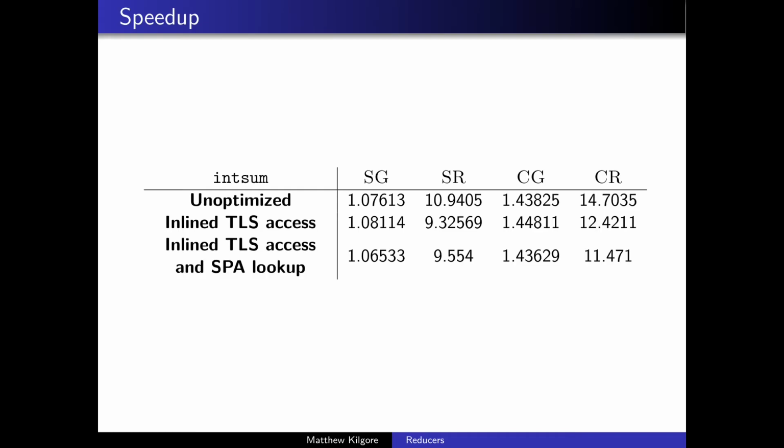So let's then add in the view lookup. So naturally that doesn't have much of an effect on the serial reducer case, because again, the view lookup occurs after the check to see if silk is running. In the silk reducer case though, we chop off another quarter second.